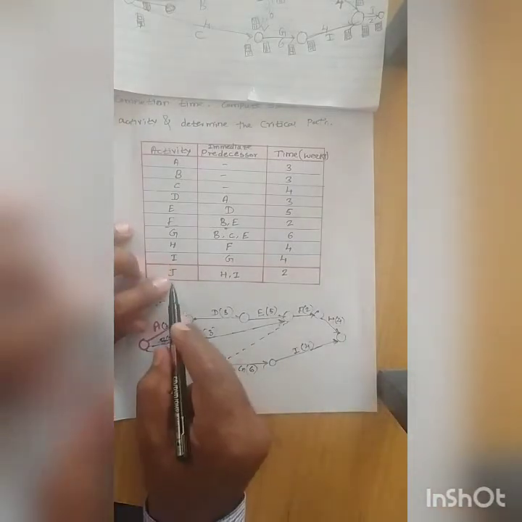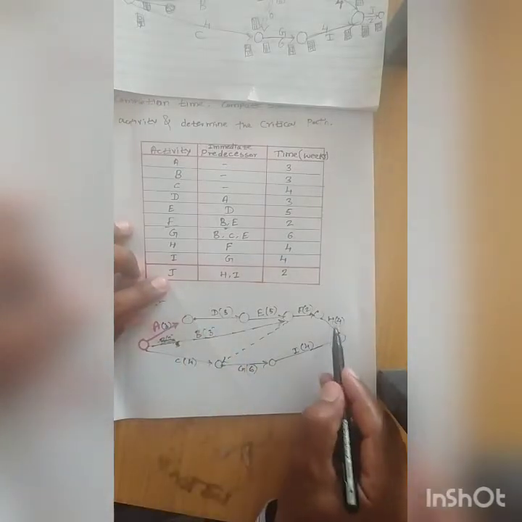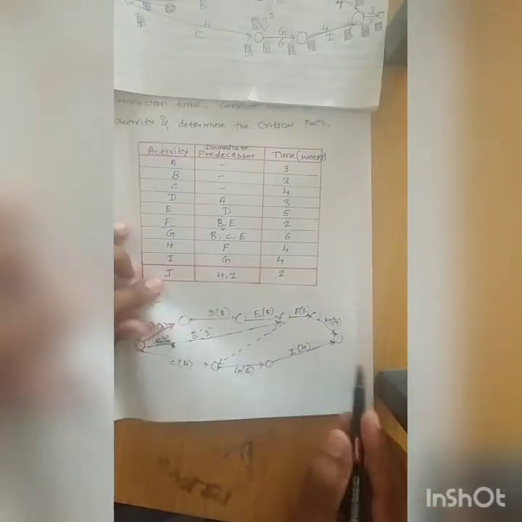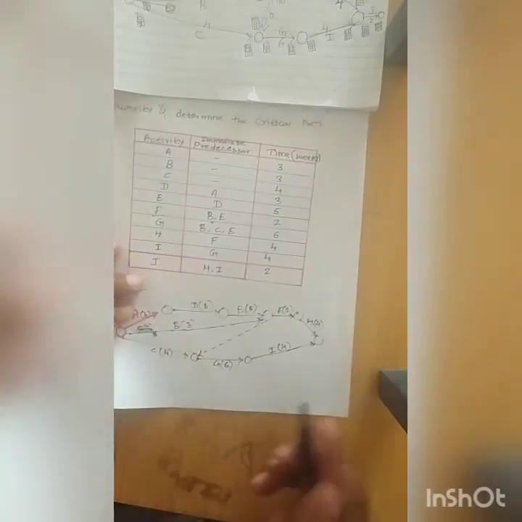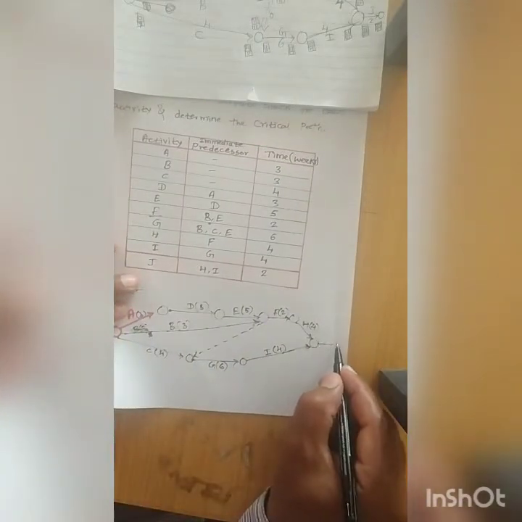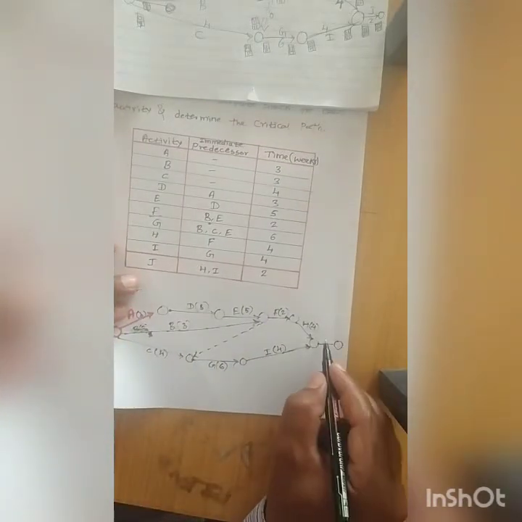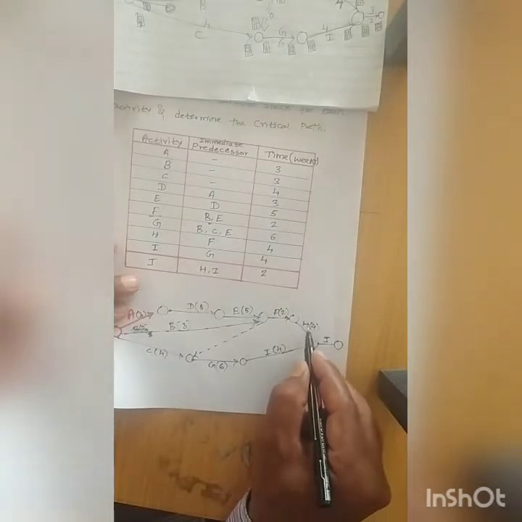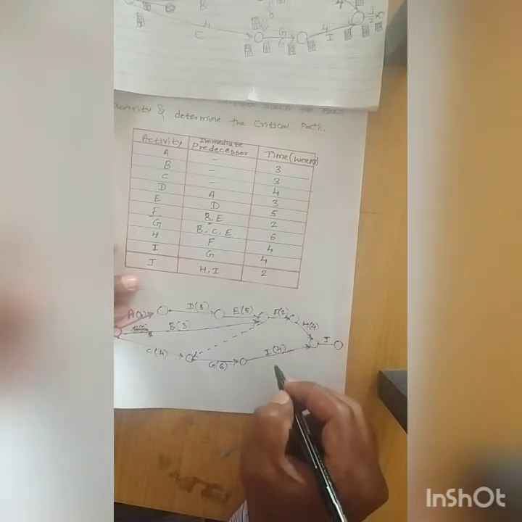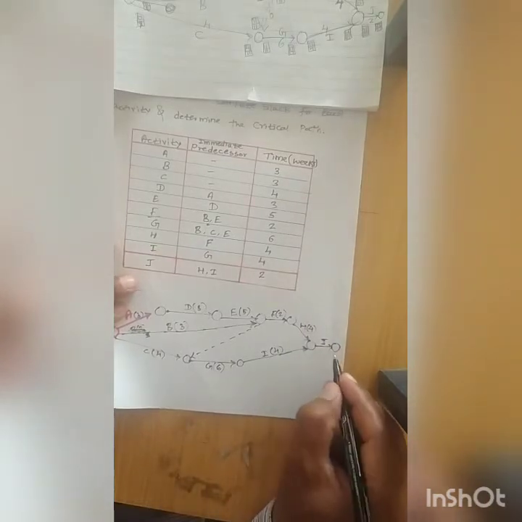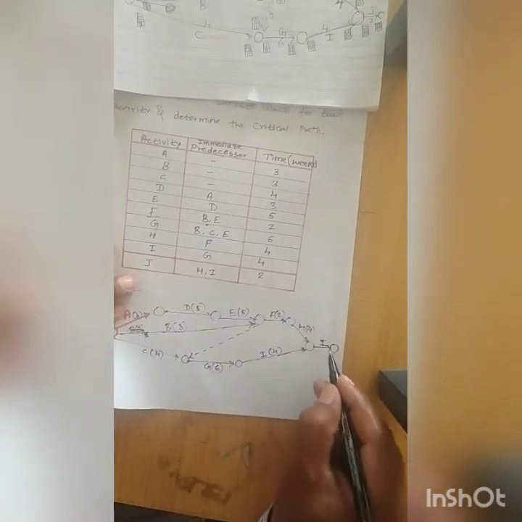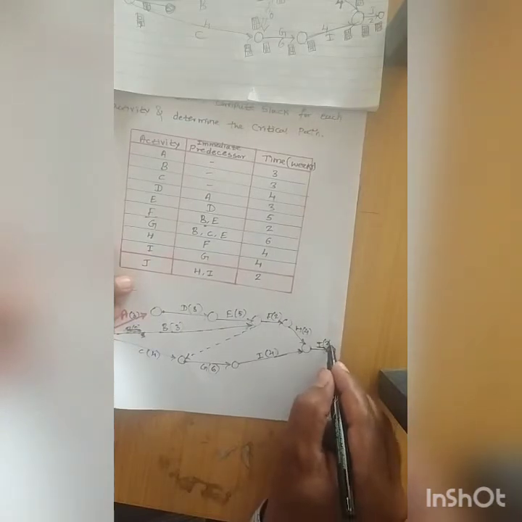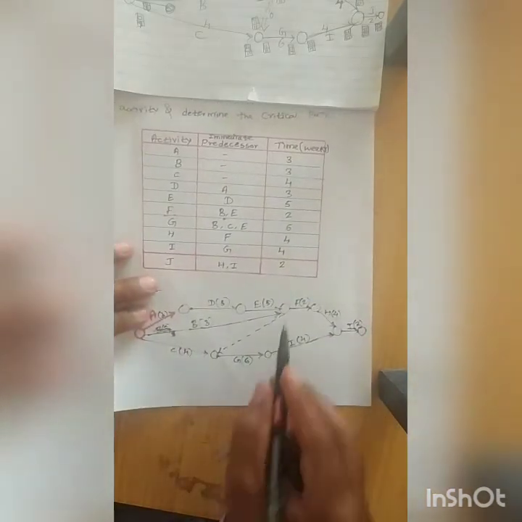Next, activity J, the predecessors are H and I. So here it is, H and I. The duration is 2. Clear?